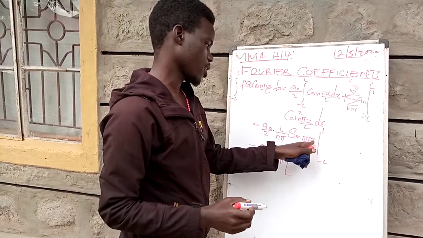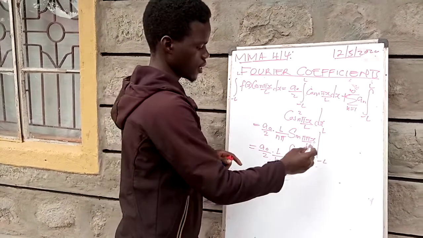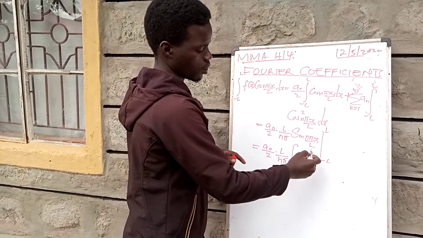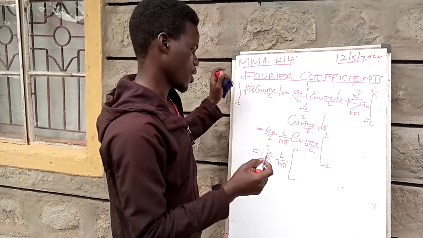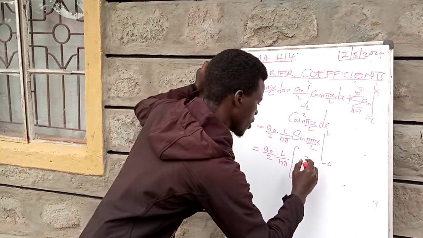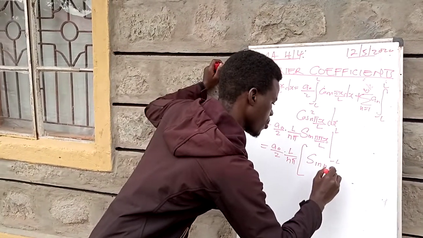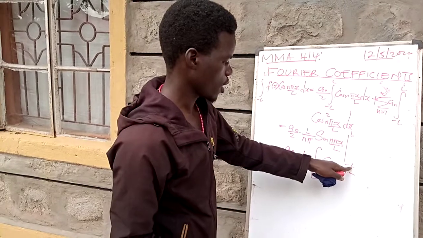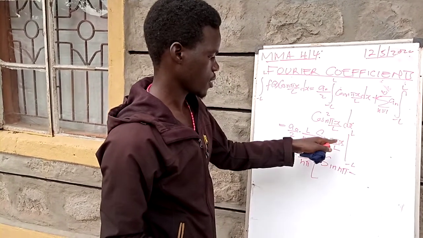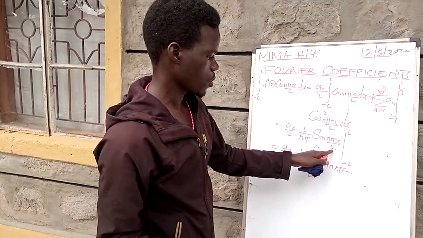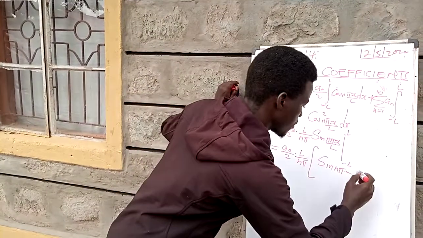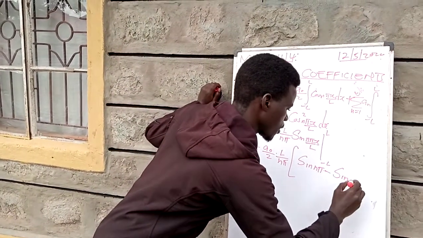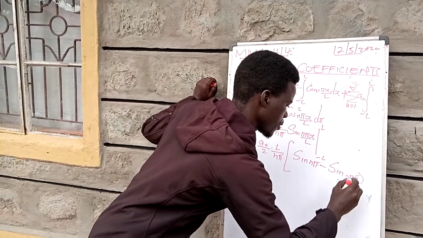If you key in L at x, the L in x will cancel with the L in the denominator, so you remain with sine n pi, minus, if you key in negative L at x, the L cancels with the L, so that you remain with a negative sine of negative n pi.